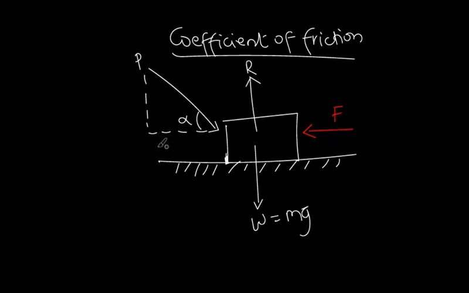It will be P cos alpha. That is the horizontal force acting opposite, that is preventing the frictional force from actually sliding this body backwards, and the force acting downwards will be what? P sine alpha.